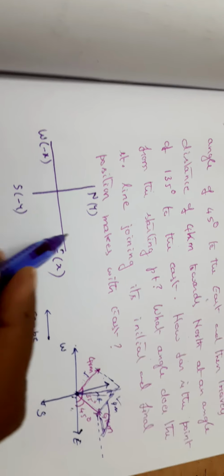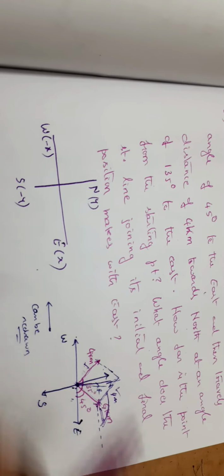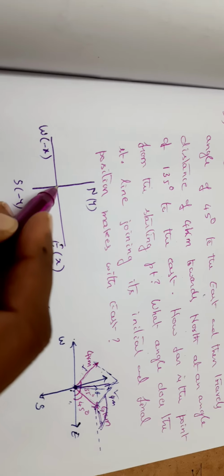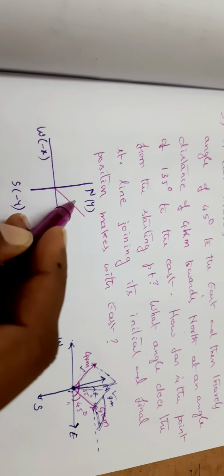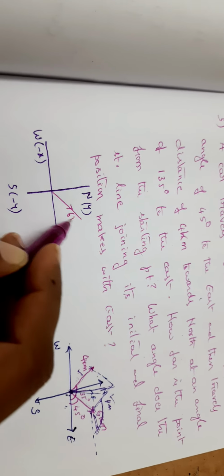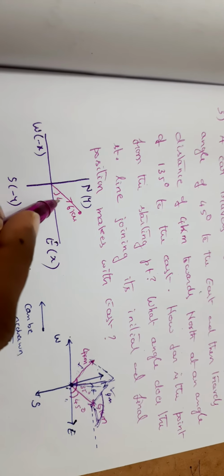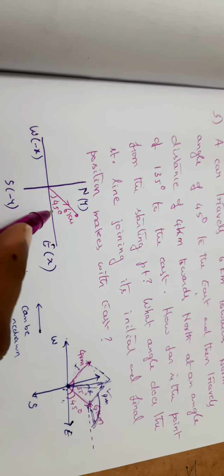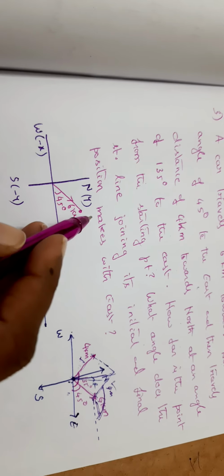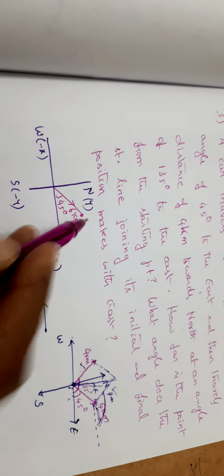So now the first condition here is 6 kilometers. In which direction? Making an angle of 45 degrees with the east, it is moving in the north direction. That means it is in the northeast direction.